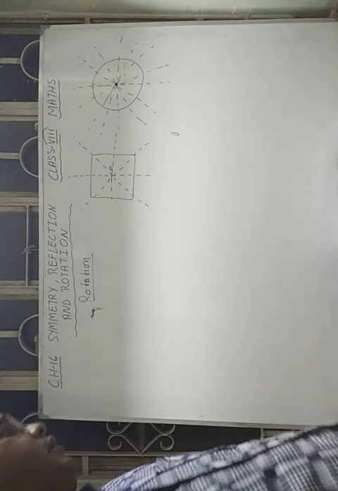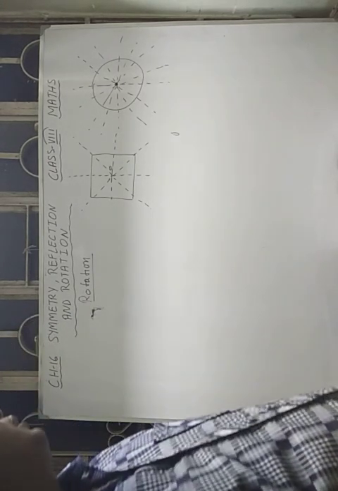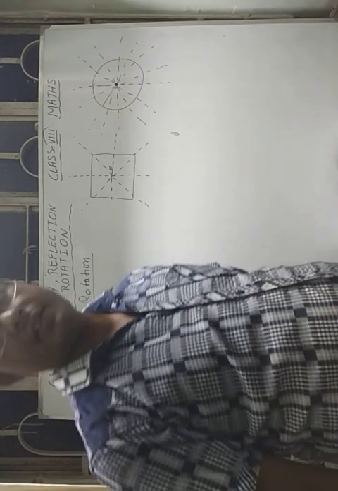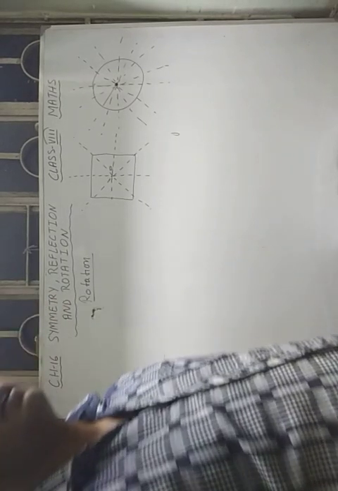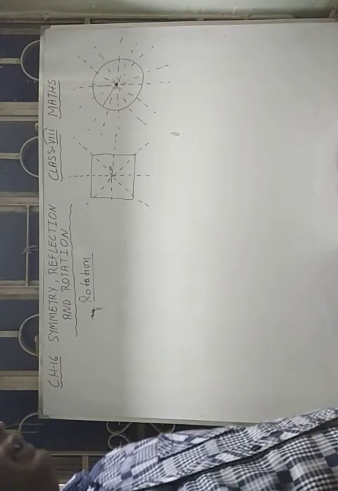If we turn a figure by some angle and the figure does not change, then it is called a rotational figure. The angle through which the figure is rotated is called the angle of rotation.